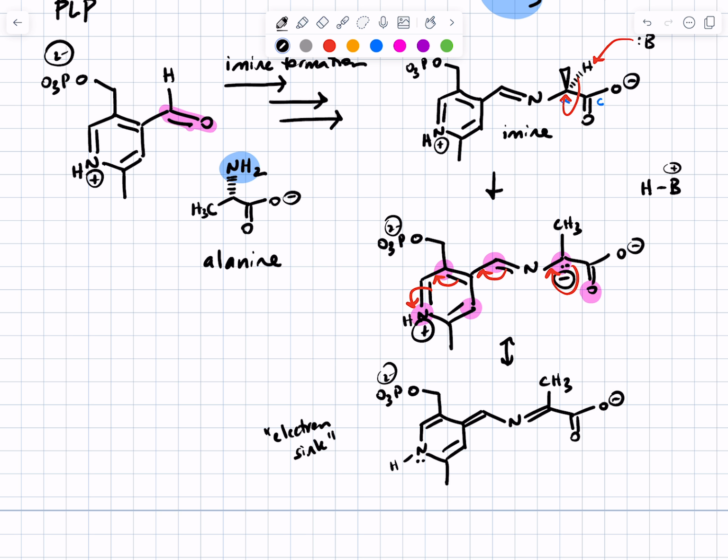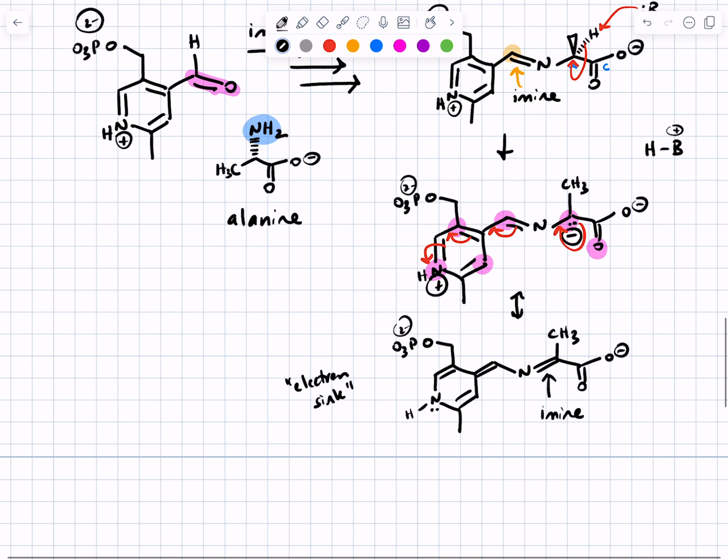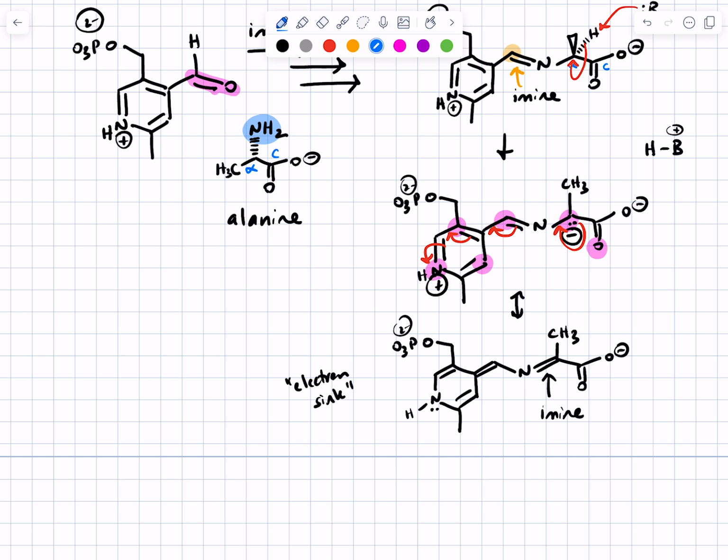The imine used to be between the nitrogen and this particular carbon of PLP, right? Now it's still an imine, but the imine is on the other side. In other words, we have turned what used to be the alpha carbon of an amino acid into an aldehyde, or an imine equivalent.